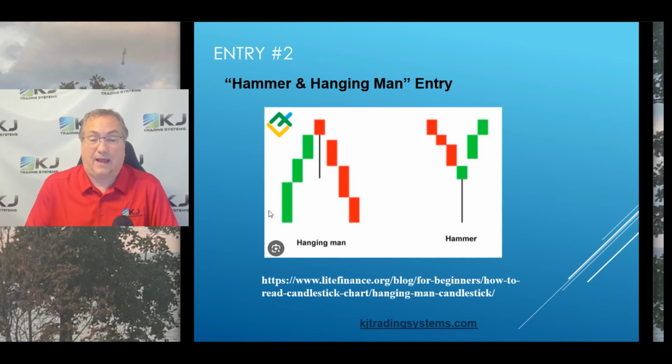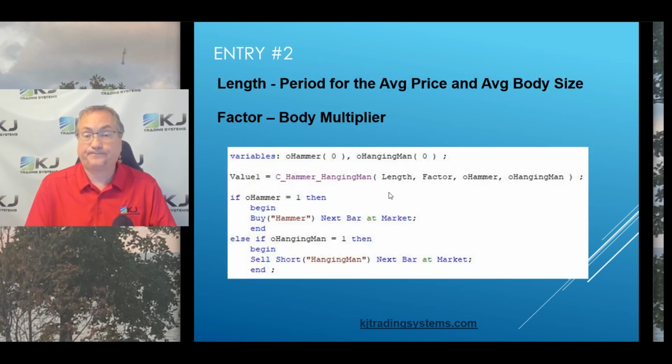This is from lightfinance.org, so you can check out some of their material for descriptions of some of these candlesticks. You can see basically what a hanging man looks like and what a hammer looks like. A hammer is really the end of a downtrend, and then it starts going up, and the hanging man is the exact opposite. So that in visual terms is what those particular entries look like.